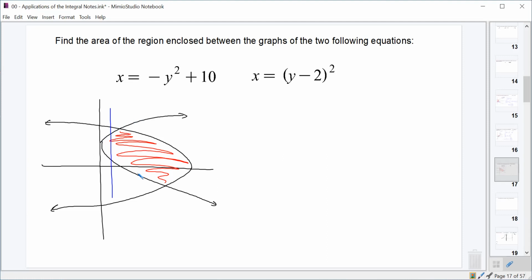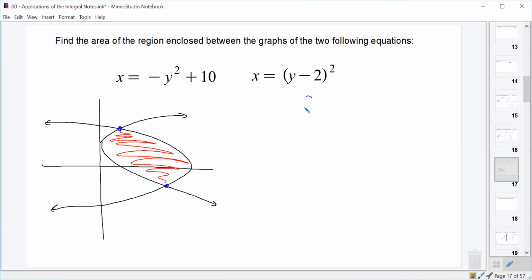But it's a lot more of a hassle to do that than to just think, oh, well, everywhere I look through here at any y value in my region, one parabola always is the bound of the right part of the region, and the other parabola is always the bound of the left part of the region. So I should be able to just subtract one from the other and integrate from the lowest y value to the highest y value.